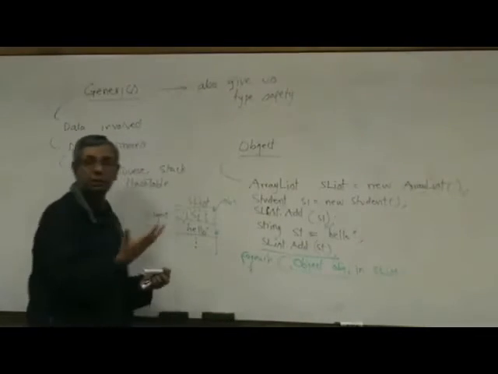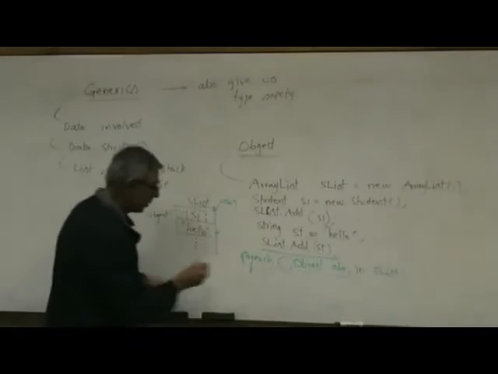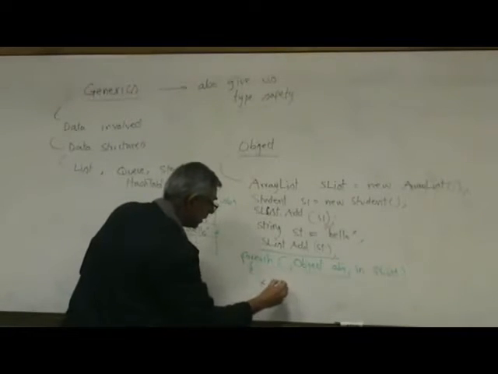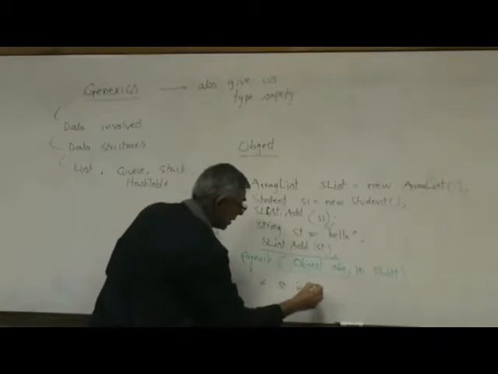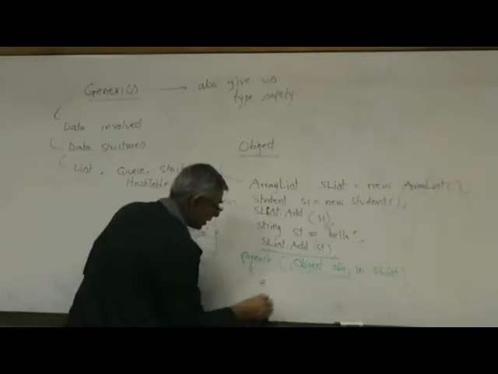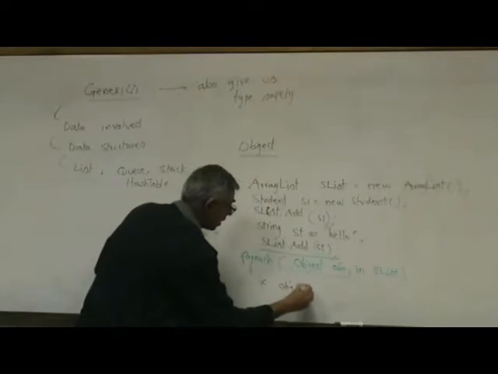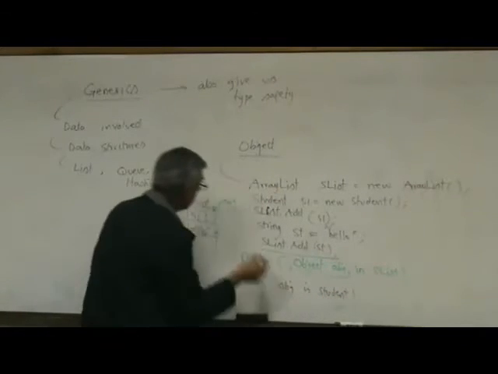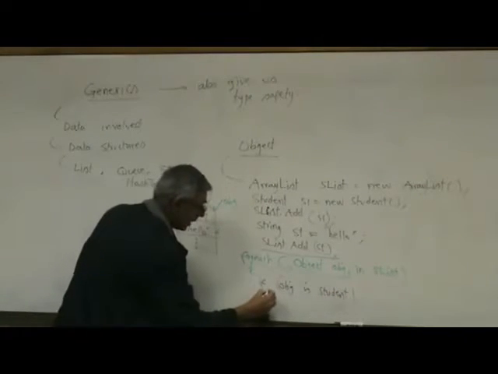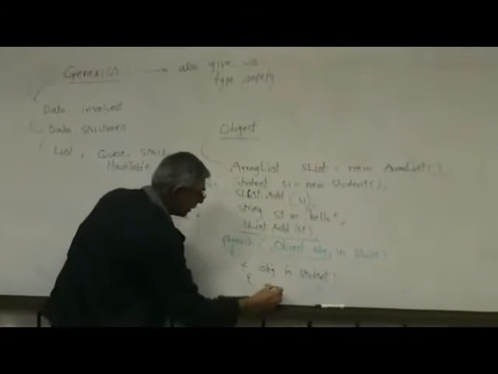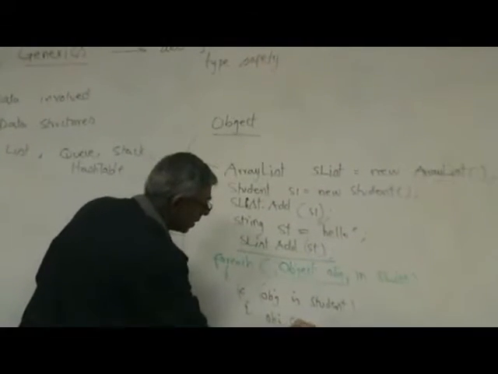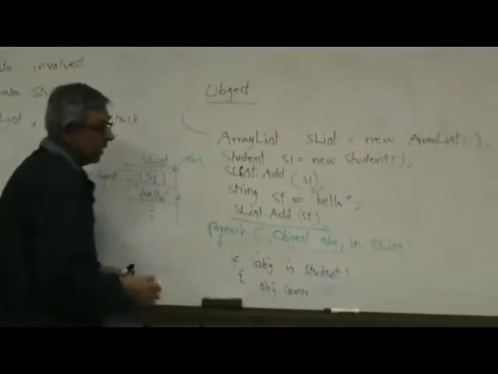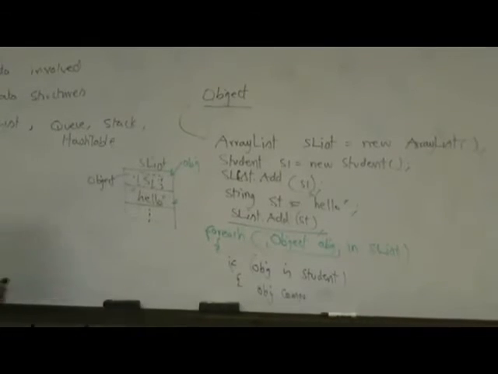Is, as, or reflection. So we will do if obj is Student. We check, is obj pointing to a student? Then can we do obj.computeGrade? No. Still not, because obj does not have a method called computeGrade.